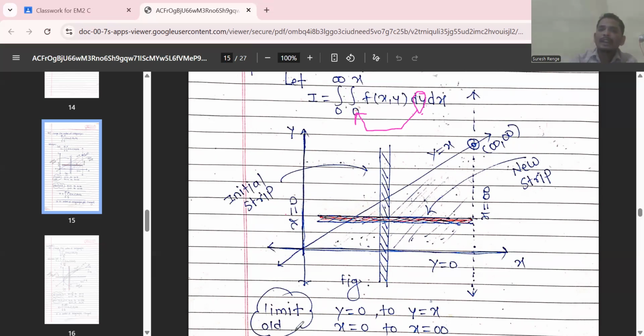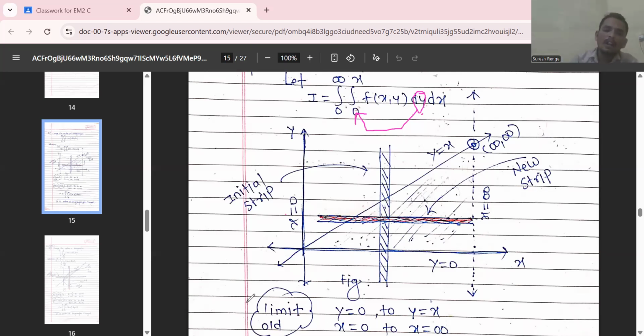What is the limit for y? 0 is the lower limit for y, and x is the upper limit for y.